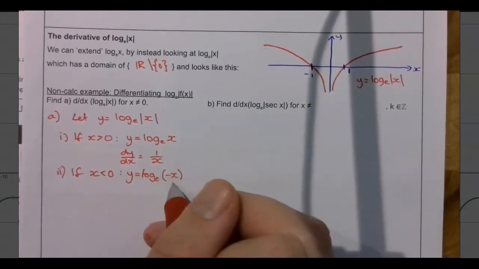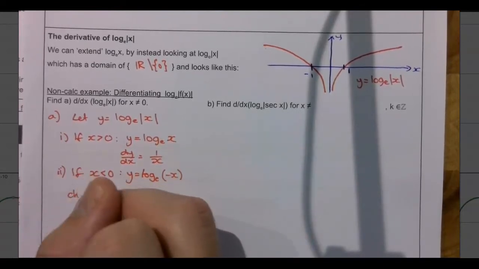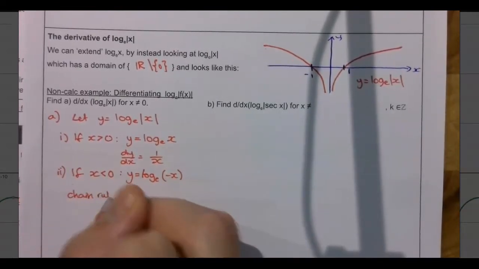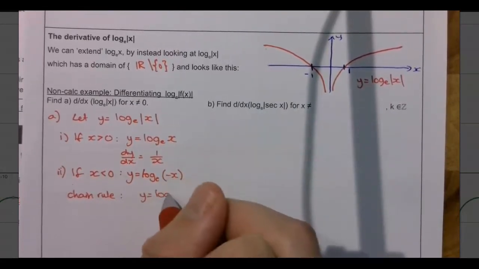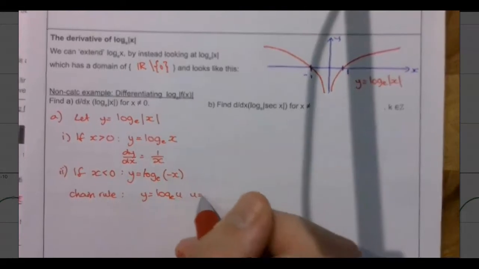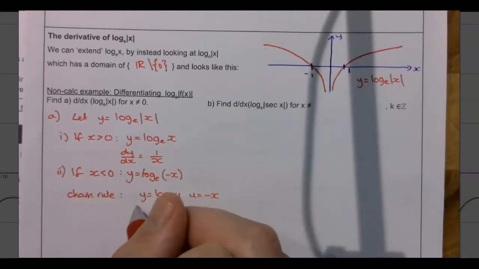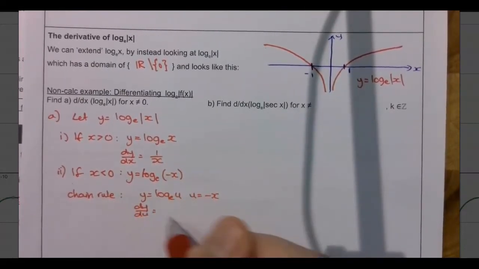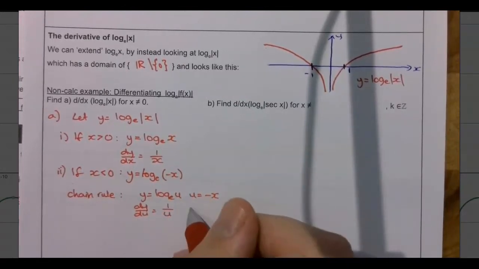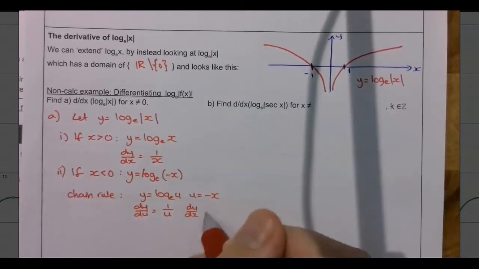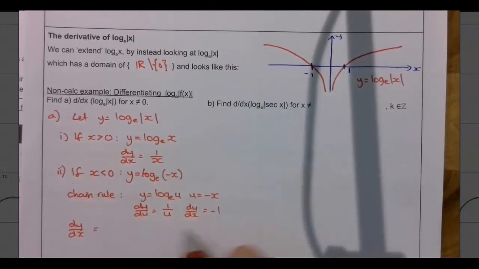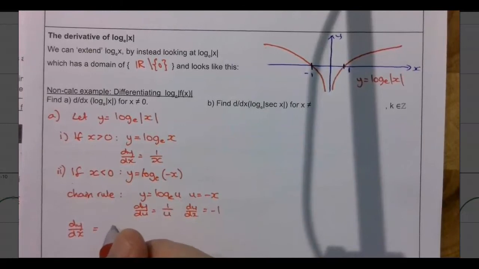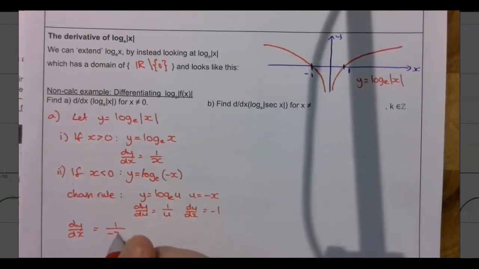And at this point, we're just going to quickly run through the chain rule. So with the chain rule, here what I've got is y equals log of u, where u is minus x. dy by du is 1 over u, and du by dx is minus 1. So the gradient overall, dy by dx, is 1 over u, which is 1 over minus x, multiplied by minus 1.